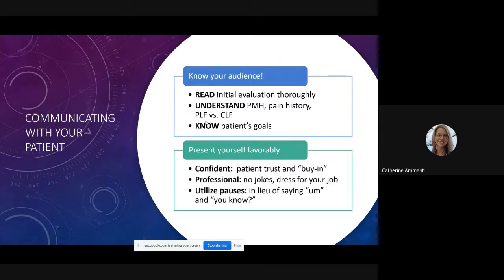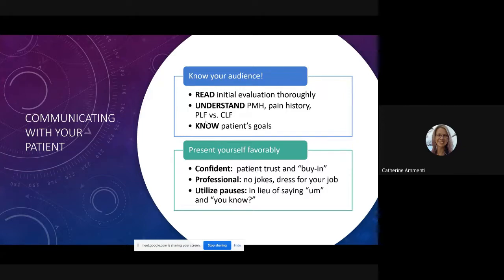You want to present yourself favorably. So be confident. Patients who are speaking to a care provider who presents as a confident individual are helped to buy into what has to happen. You want to be professional, so pay attention to how jokey you are and how much kidding around you do, and make sure you're dressing for your job.